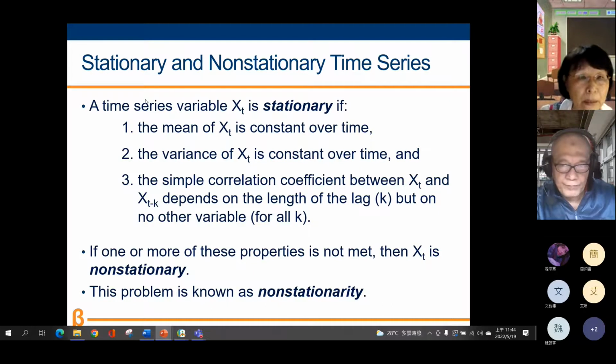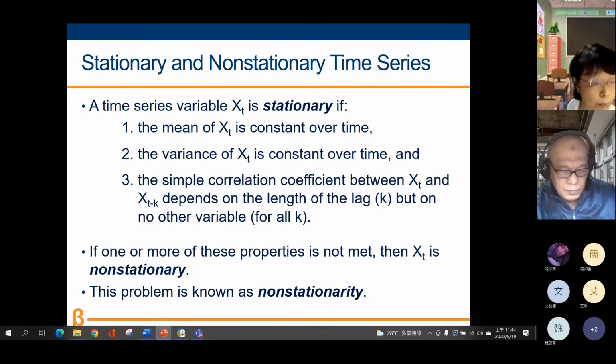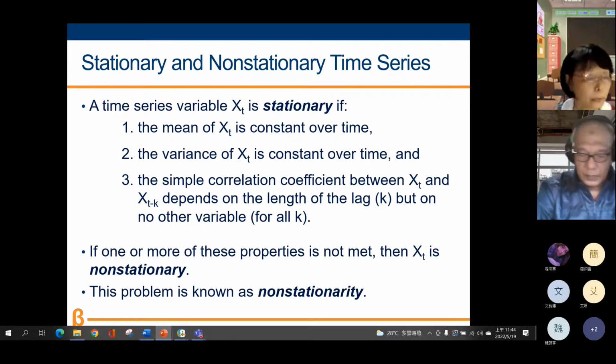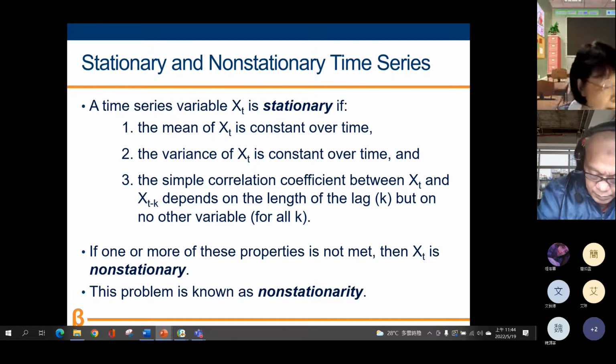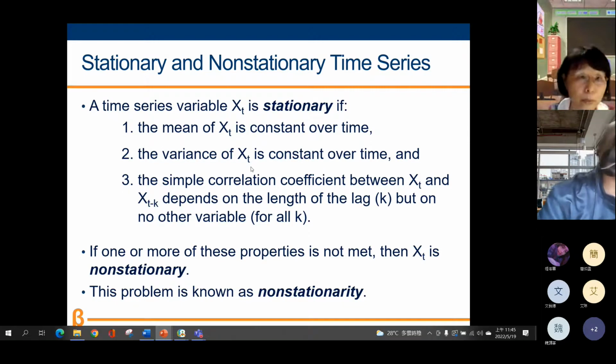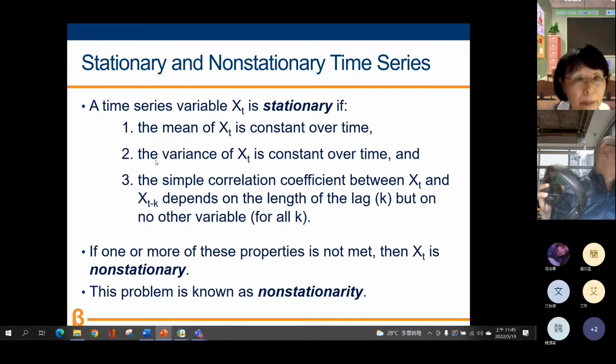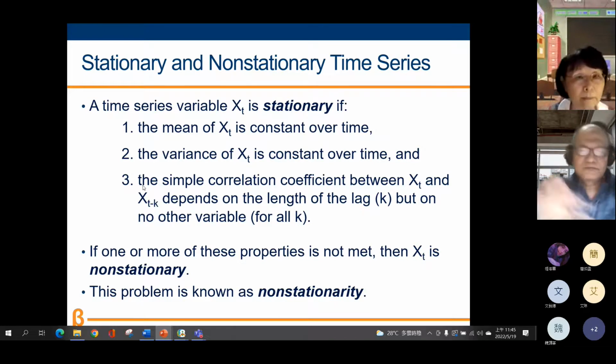Without the non, it means stationary. If you look at your textbook on page 395, we have the definition for stationary, which is also put on our PowerPoint. So a time series variable x_t is stationary if three conditions are met. These are also called three properties.